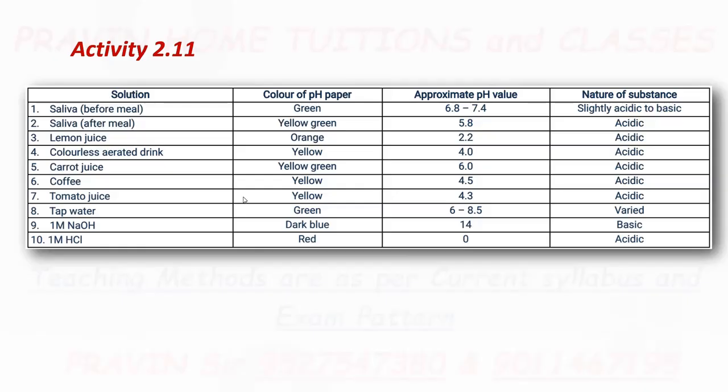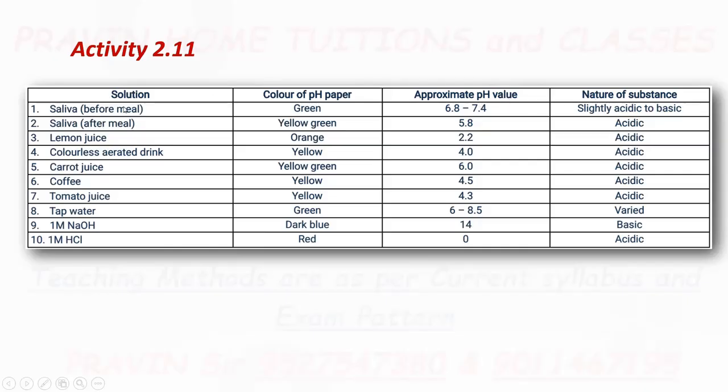Now, here I have prepared a table as per activity 2.11. We have taken saliva before meal and saliva after meal. Here is the color of pH paper, here the approximate pH value, and here the nature.